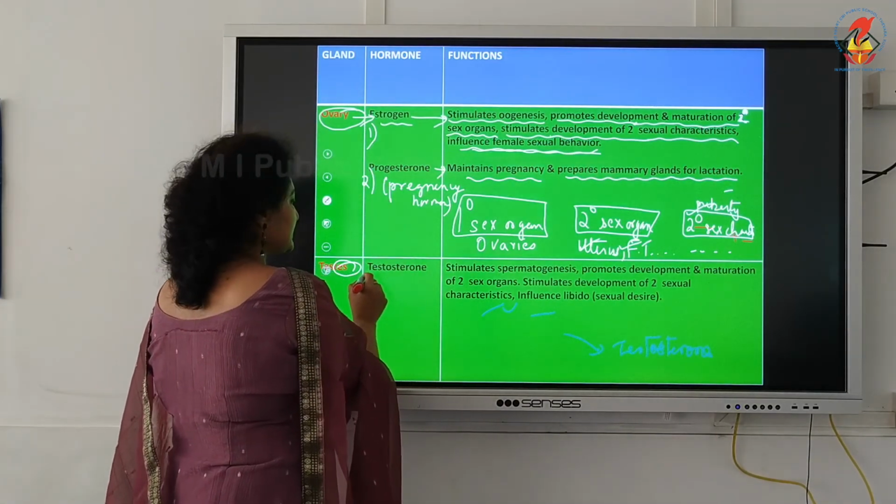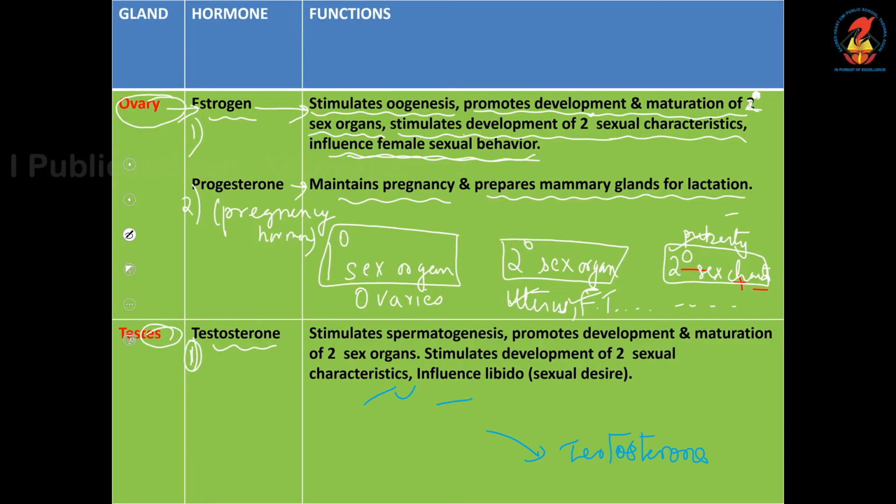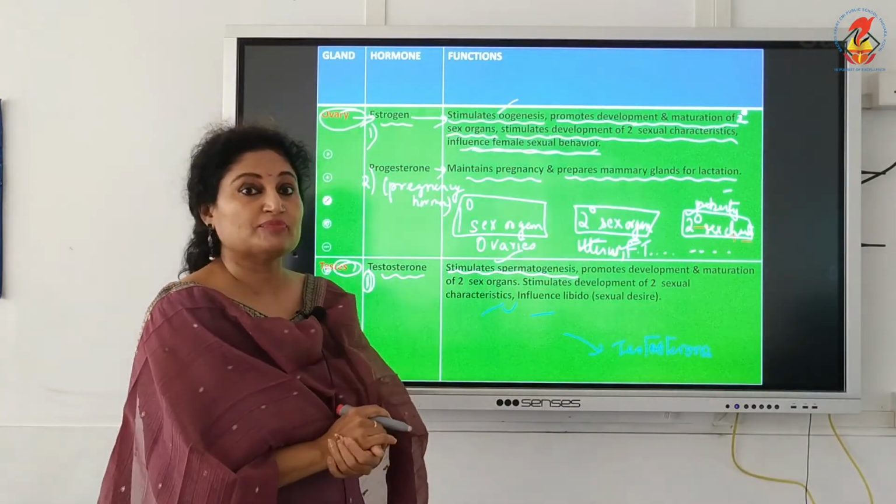Now over to testis. Testis only secretes one hormone, testosterone. On the same lines of estrogen, it stimulates spermatogenesis. There we learned oogenesis, here spermatogenesis. So definitely you can understand what spermatogenesis is. It is development of sperms from the spermatogonia. There it was development of eggs from the oogonia.